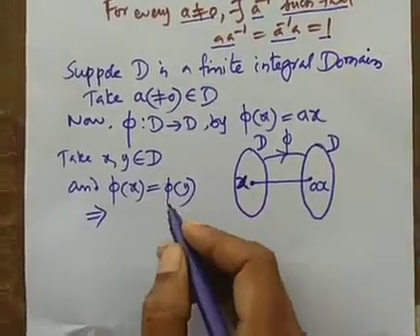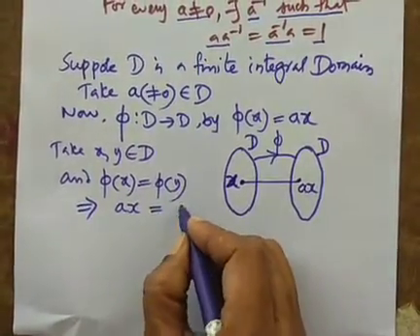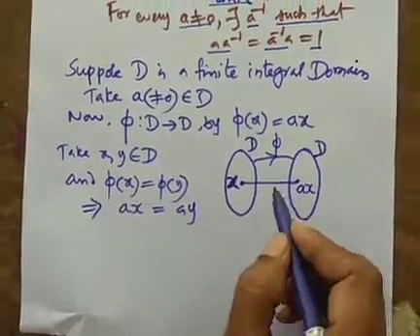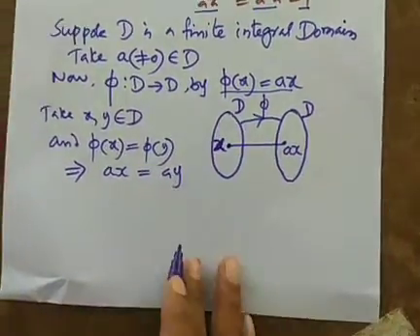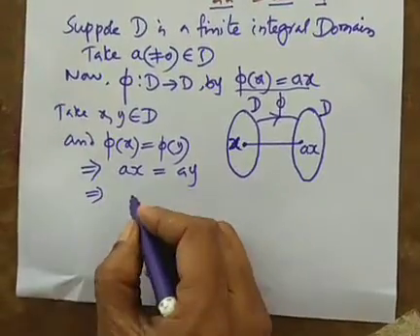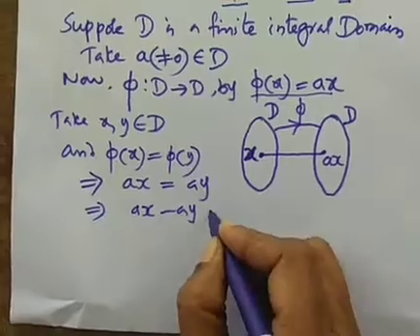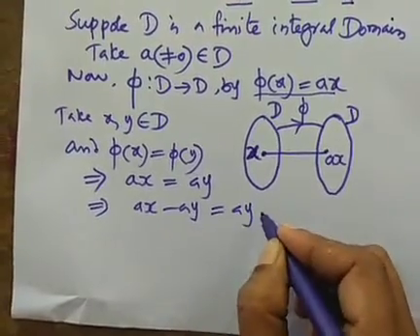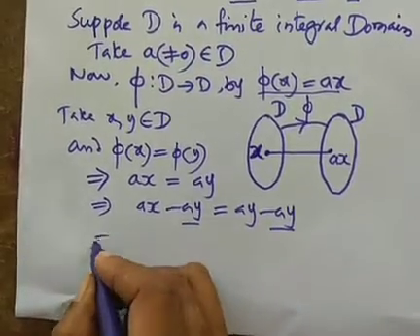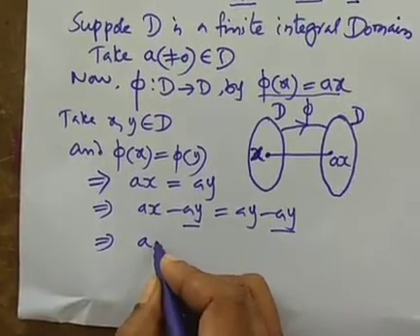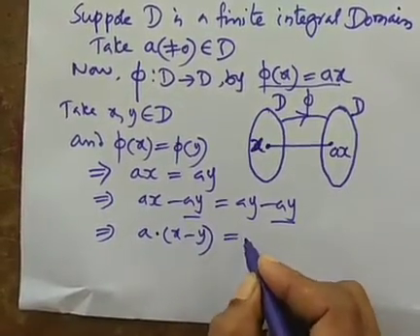This implies ax = ay, since pi of x = ax and pi of y = ay. This implies ax minus ay = ay minus ay, taking minus ay on both sides. This can be written as a times (x minus y) = 0.